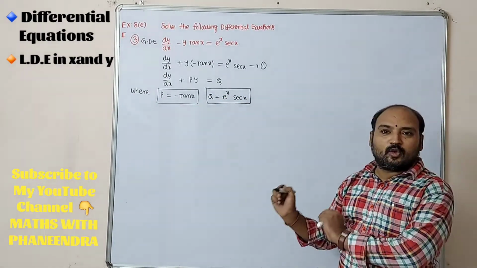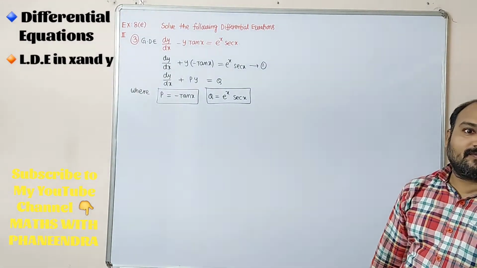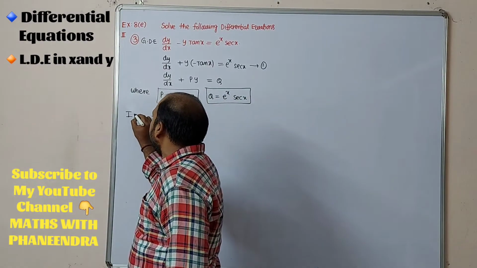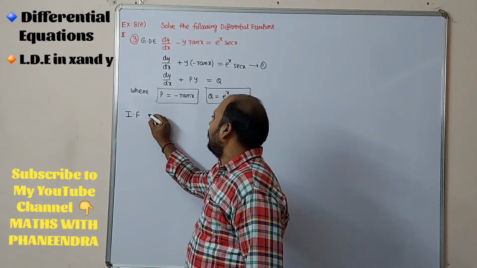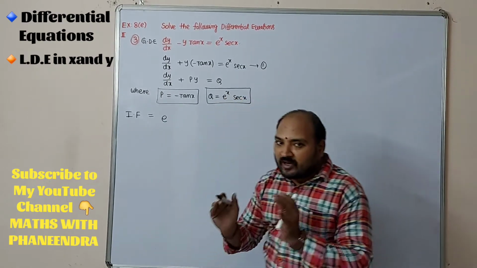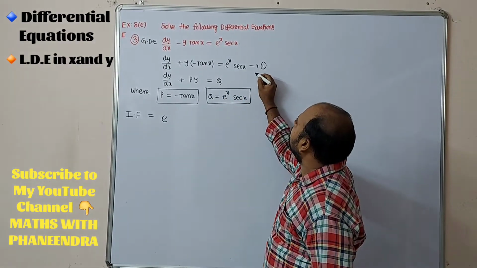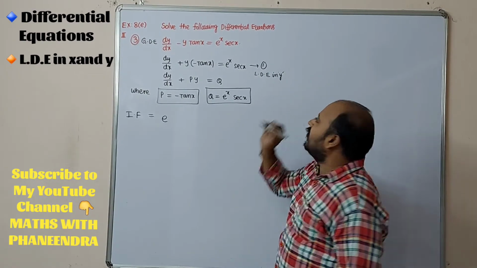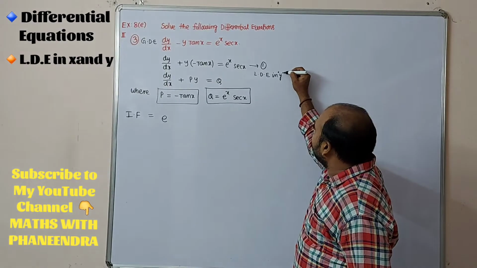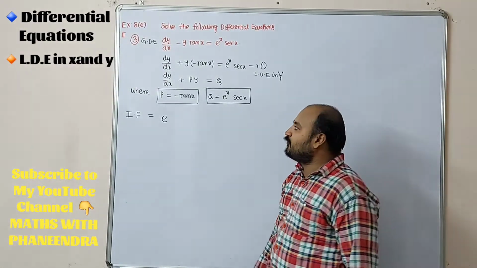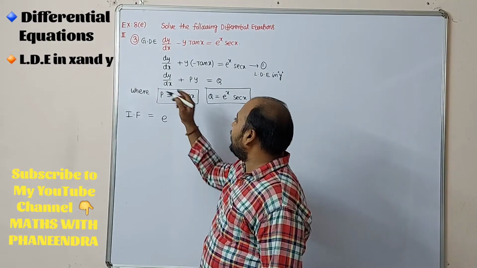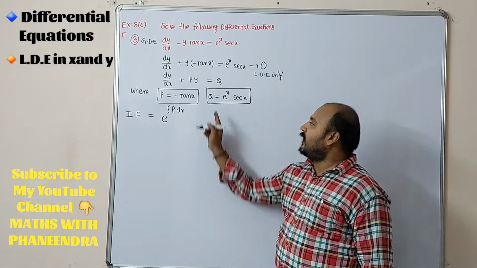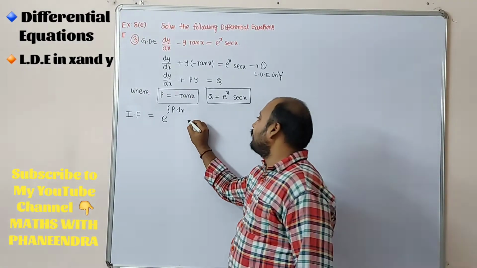P value and q value, we have that. After getting these values, the integrating factor IF of equation 1: whenever it is a linear differential equation in y, IF equal to e power integral p dx, with p and q in terms of x.